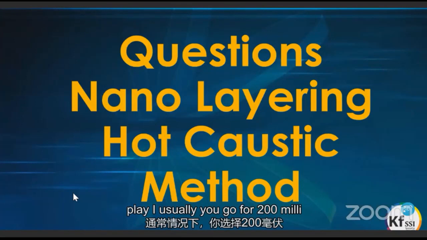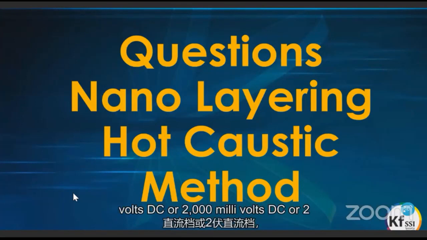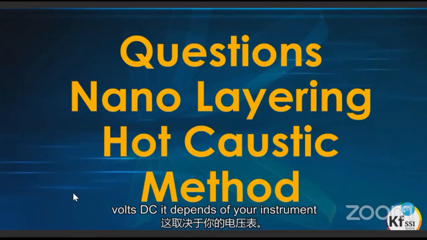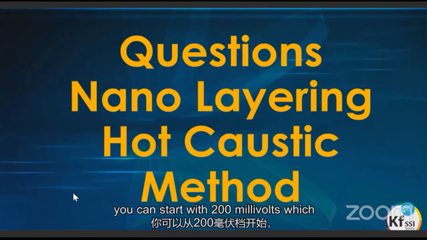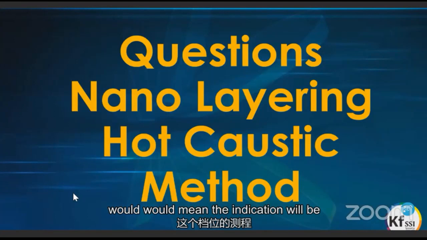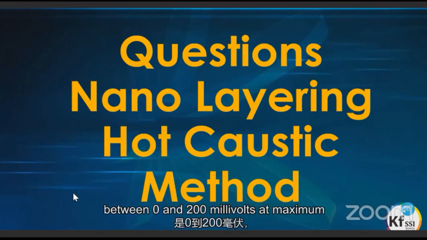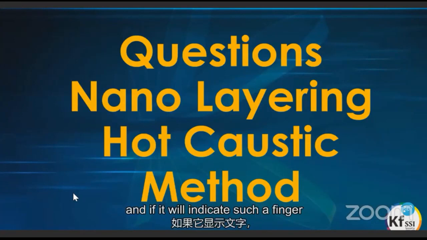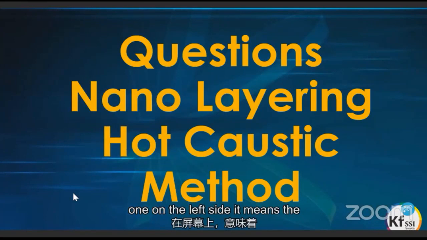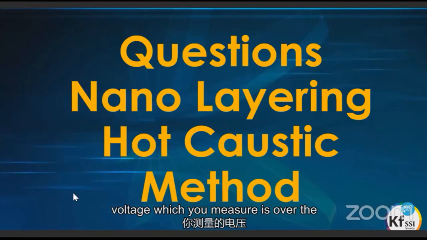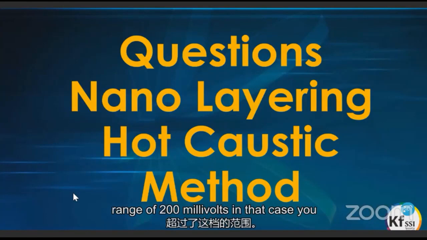Usually you go for 200 millivolts DC or 2000 millivolts DC or 2 volts DC. It depends on your instrument. You can start with 200 millivolts, which would mean the indication will be between 0 and 200 millivolts at maximum. And if it indicates such a figure, 1 on the left side, it means the voltage which you measure is over the range of 200 millivolts.